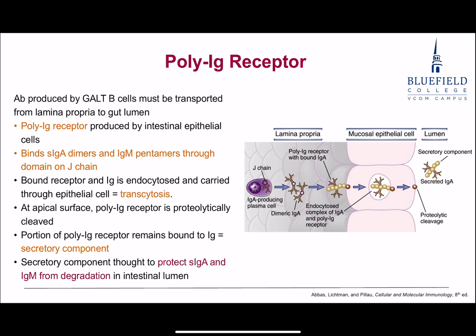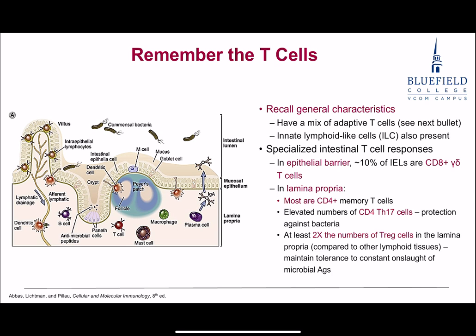All right. And remember, there's going to be T cells there, and you've got a mix of both adaptive T cells, so the conventional alpha beta T cells, as well as the non-conventional gamma delta T cells, and then you have those innate lymphoid cells, the ILCs. All right. Of your intraepithelial lymphocytes, about 10%, a lot of them are those gamma delta T cells.